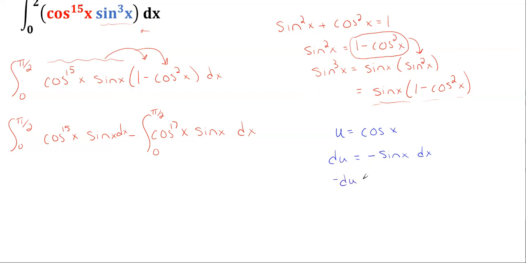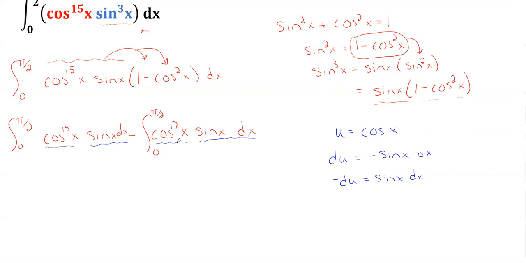So I have minus du is equal to sine x dx. Do you see what we have going on here? There's sine x dx, which would just be minus du. And then I have u equals cosine of x. So there's u to the 17th power, and then there's u to the 15th power.